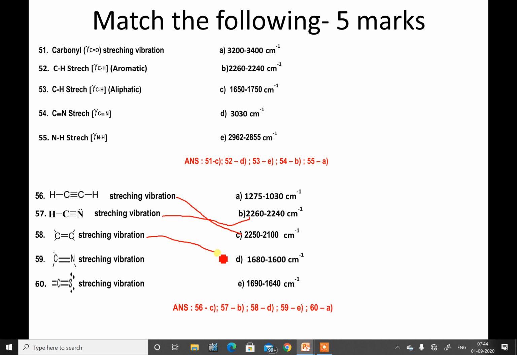CC is 1680, and C double bond N is the lowest, this, and the CS is still lowest. Yeah, so these are the answers.